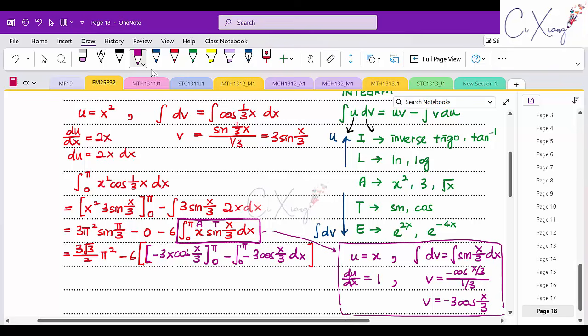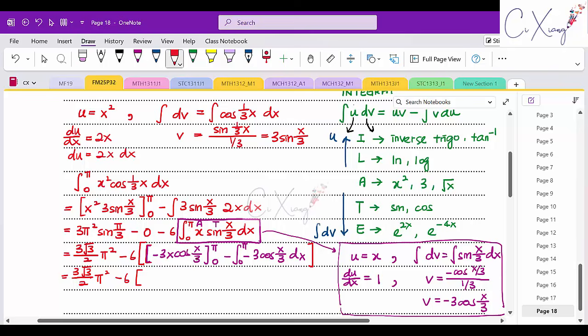Okay, now let's simplify our value here. Substitute the limit. You have to be very careful, because when you have all the signs, positive and negative and everything, you will make careless mistakes very easily. So let's have a look here.